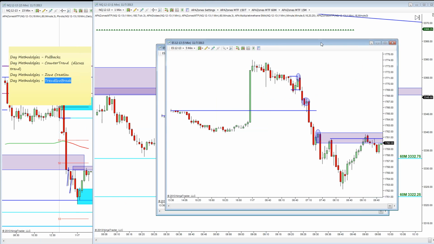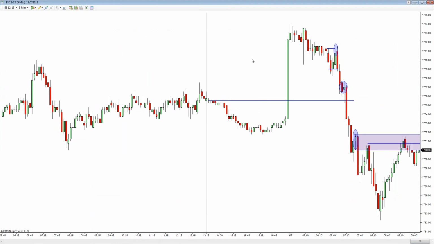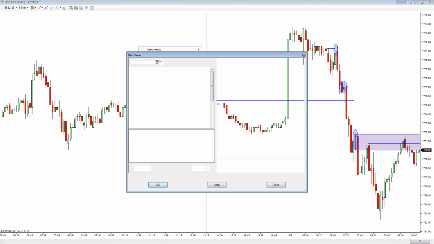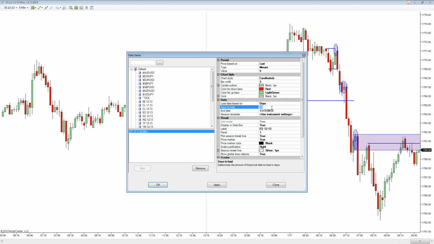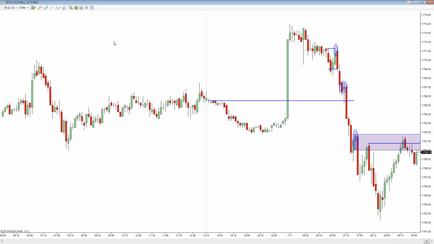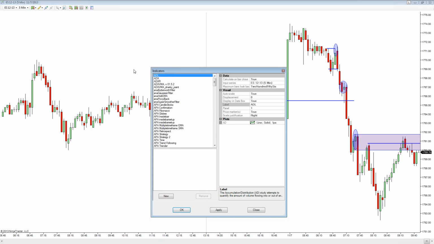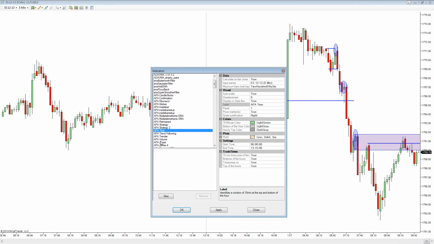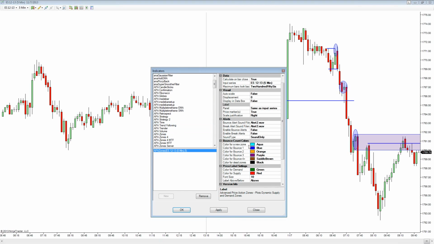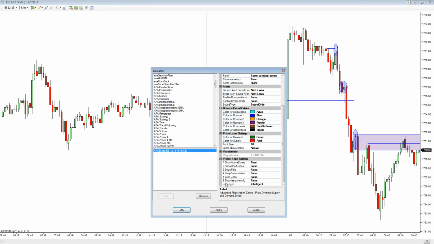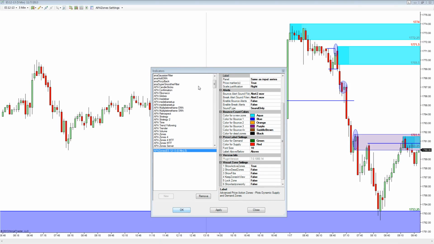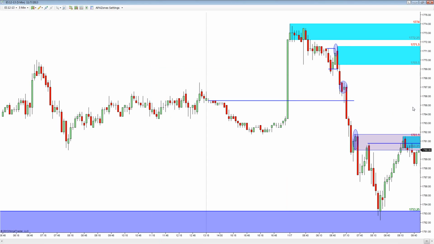Okay, so here's our ES 5-minute chart, and we're going to do something insane. We're going to load 60 days of data on a 5-minute, and with the new Apazone software, as long as you don't have show last zone only checked, you hit OK, and the thing should be really fast to load.